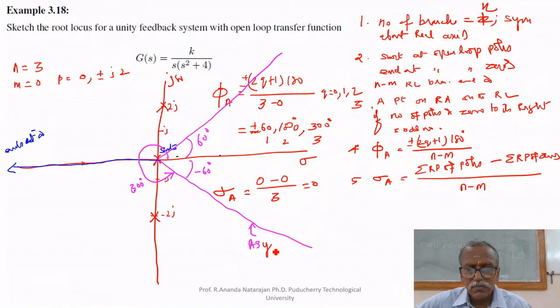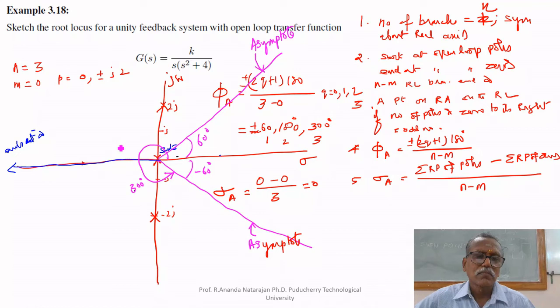This is also an asymptote. This is another asymptote at 180 degrees. The asymptote is above that root locus, that's why no need to draw. This is one of the root locus.